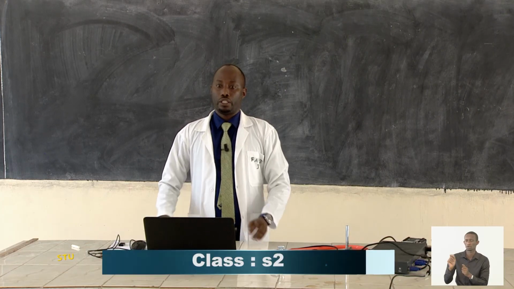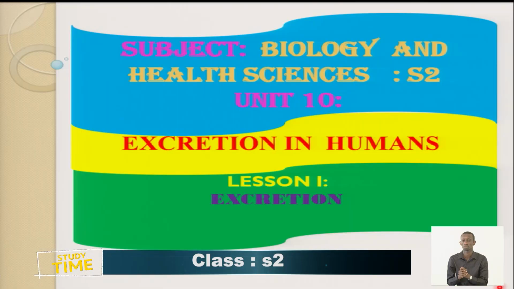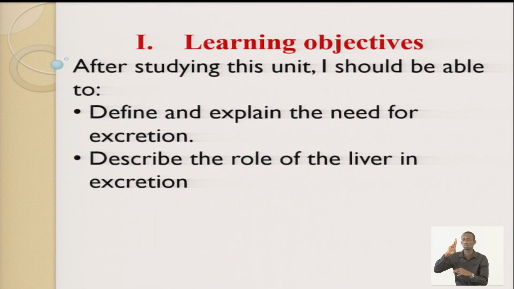So, the lesson of today is concerning excretion in human. And now, let's have the learning objectives. After studying this unit, every student should be able to define and explain the need of excretion. Why do we need excretion? And the definition of excretion.